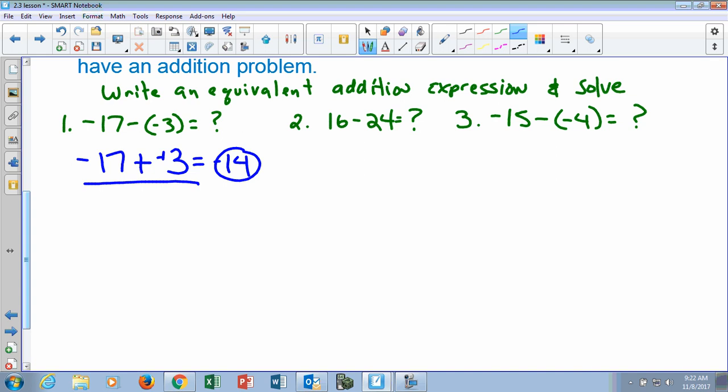Okay. Let's go to number 2. You have a subtraction problem. We have to add the opposite. So what was your expression here? This should be 16 plus, and then what? The opposite. Negative 24. So when you add a negative 24 to 16, what's your answer?